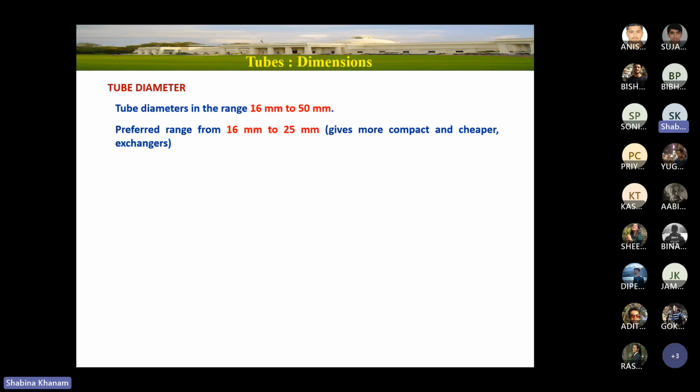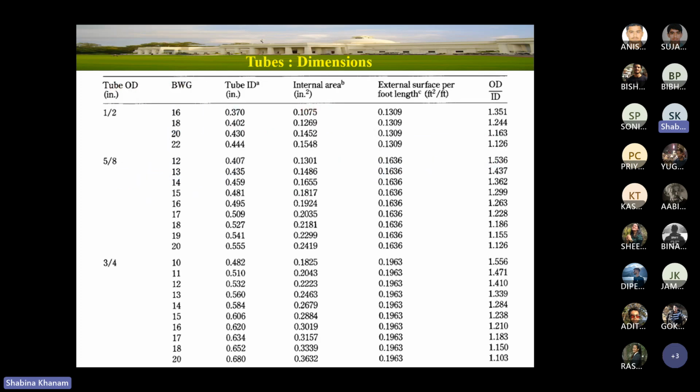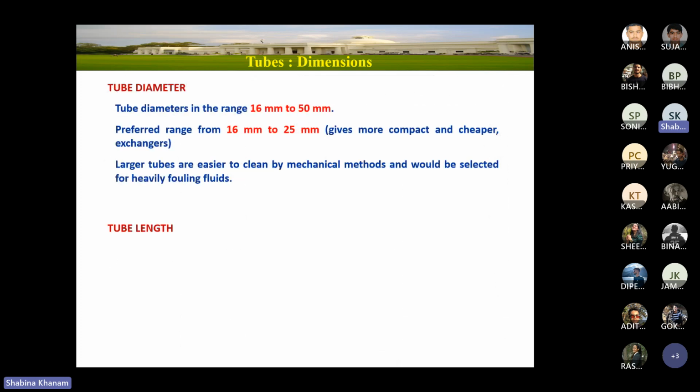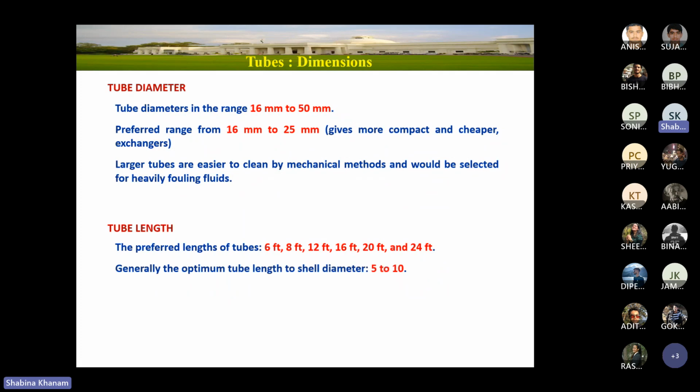The first accessory is the tube, how to decide the tube diameter and length. Along with this table we discussed how to decide the optimum tube dimension, diameter as well as length. So till here we have discussed in the last class.